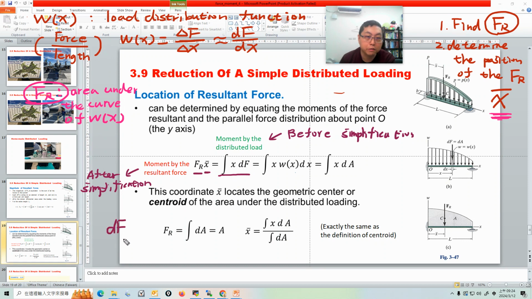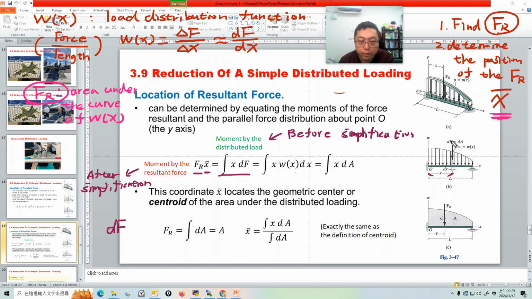To calculate the moment, you need the magnitude of the force times the lever arm. Suppose we have a tiny force here, the lever arm is just this x, the position x with respect to the origin O. Here's a position x, and we have a tiny force dF at this x point, pointing downwards.